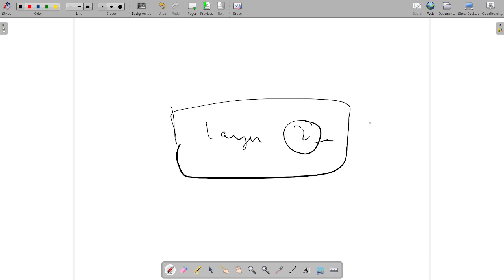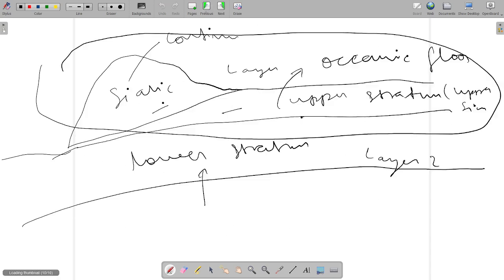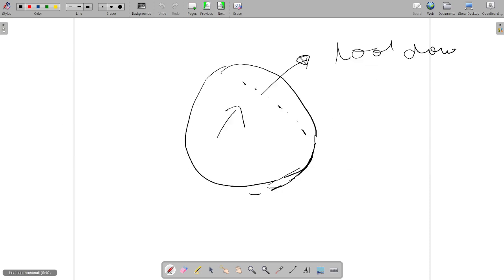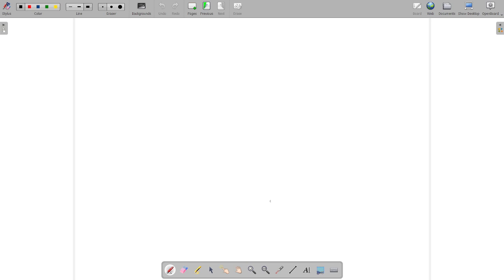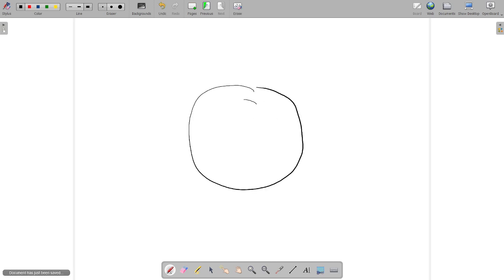Layer 2 is accumulating heat, so it melts. This is the lower stratum I'm talking about. This lower stratum, right? So it melts. What happens when it melts? Certain things happen.